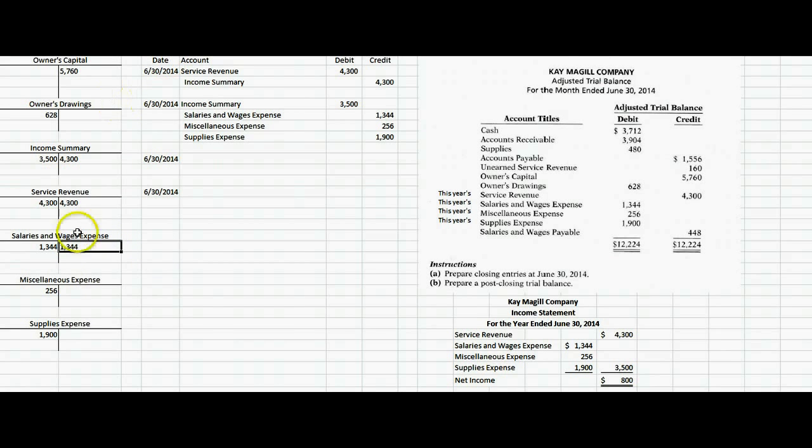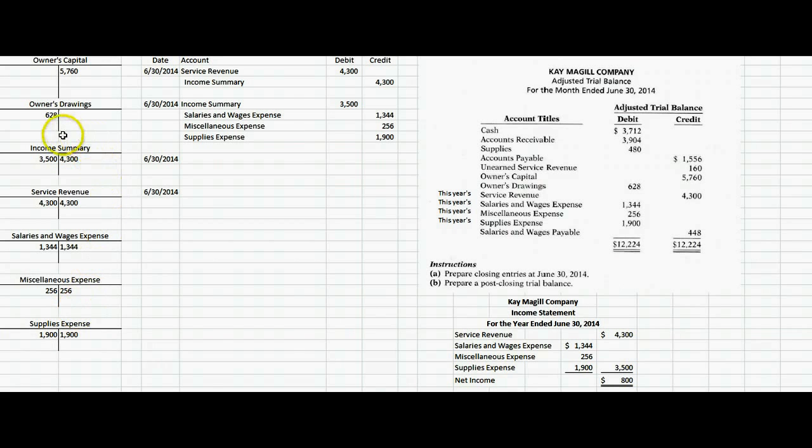Salaries and wages expense gets its credit of $1,344. Miscellaneous gets its credit of $256. And supplies expense gets its credit of $1,900. Okay. So now we've zeroed out our service revenue, we've emptied that bucket, we've emptied this bucket, it has 0 in it, this has 0 in it, and this has 0 in it.